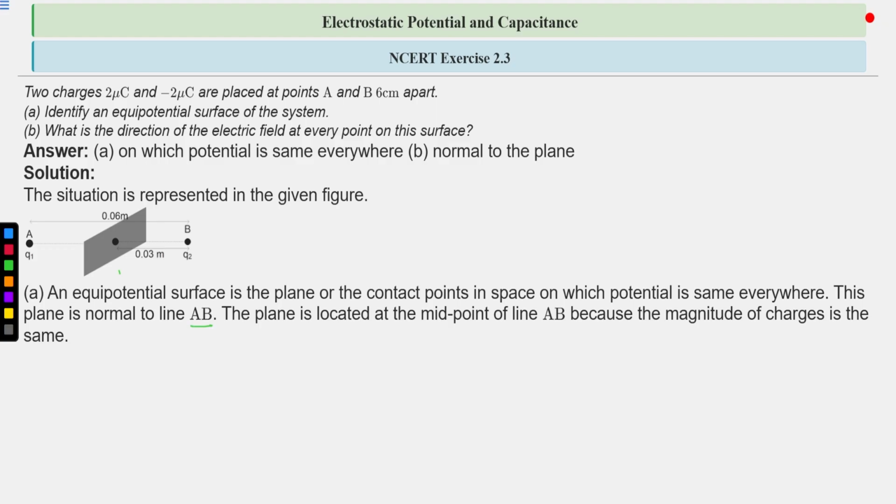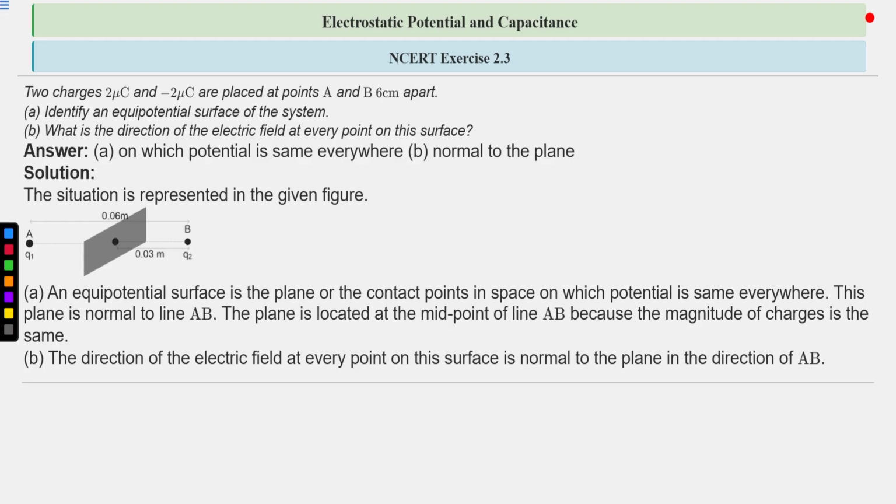So this plane is normal to AB, and it is located at the midpoint of the line AB because the magnitude of charges is the same. That's why it is located at the midpoint of the charges.